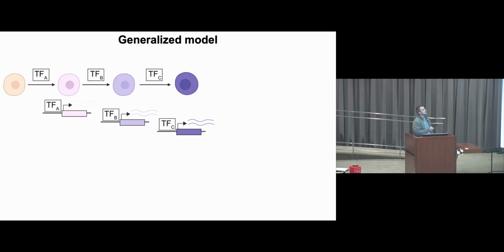What we want to suggest is that there's this generalized model that we kind of lucked into by trying to answer the question in a fortuitous way. There are progenitor cells, on the left in this tan color, that will eventually differentiate into a more mature cell. Along each step, there are lineage-defining transcription factors, some people call them master regulators, that set the tone, that tell the cell who they are, what to do, and who to be.